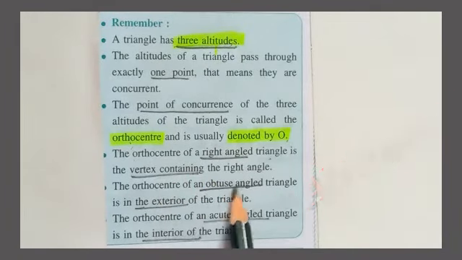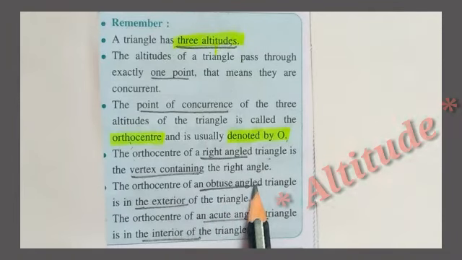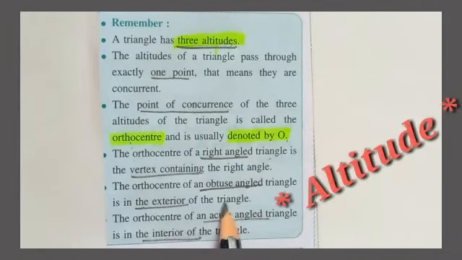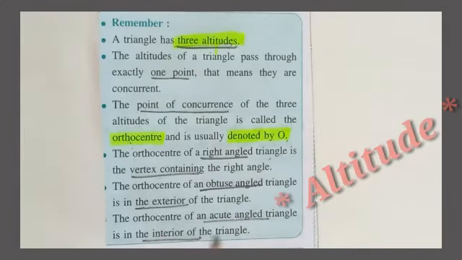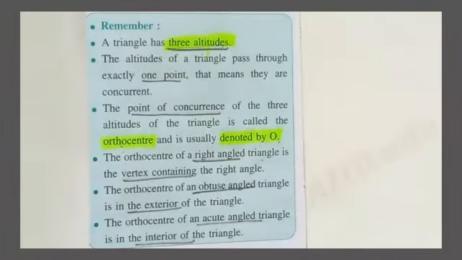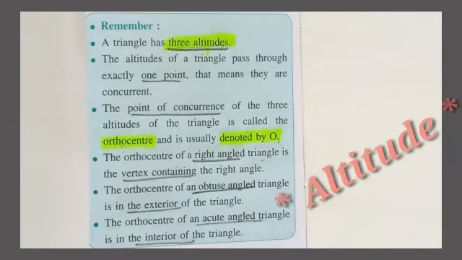If the triangle is obtuse angled, then its orthocenter lies at the exterior of the triangle, and if the triangle is acute angled, then its orthocenter lies at the interior of the triangle. This we have learned about the altitude. And if you want, you can take a screenshot which helps you to write it in your classwork notebook.